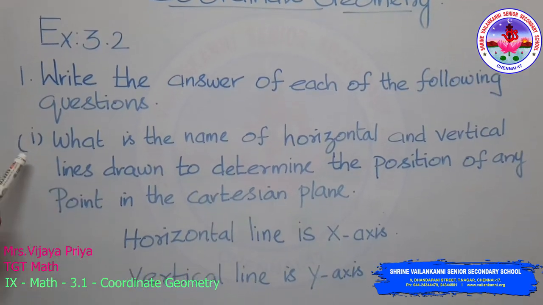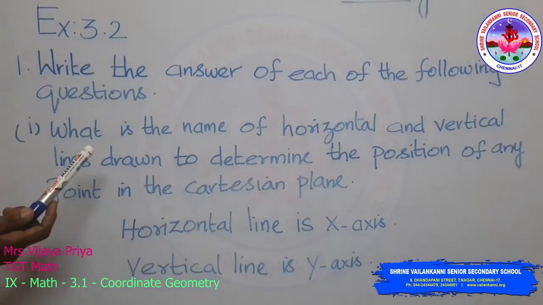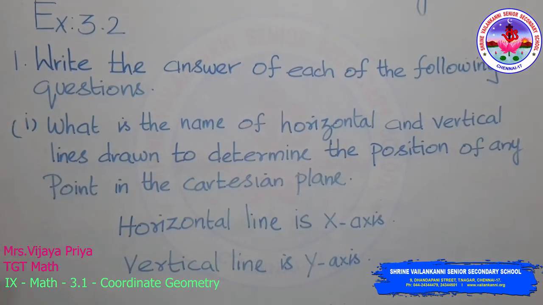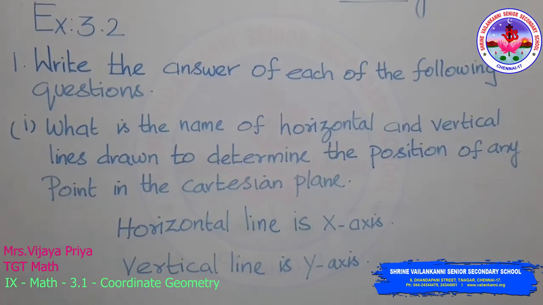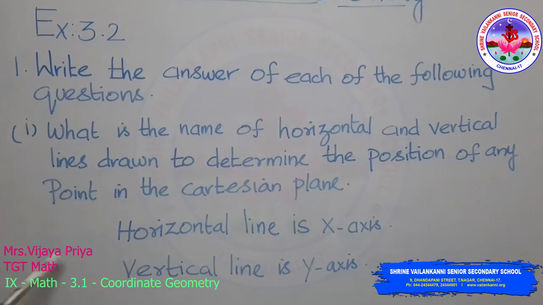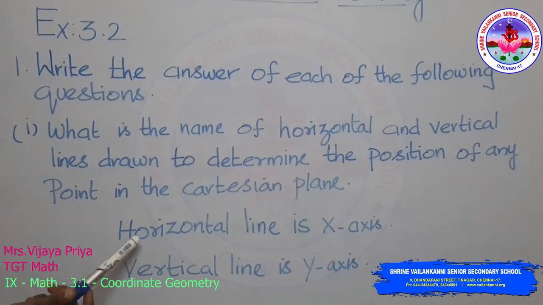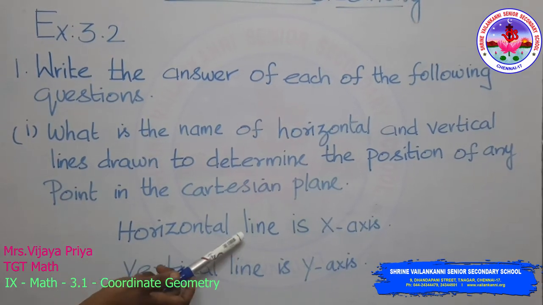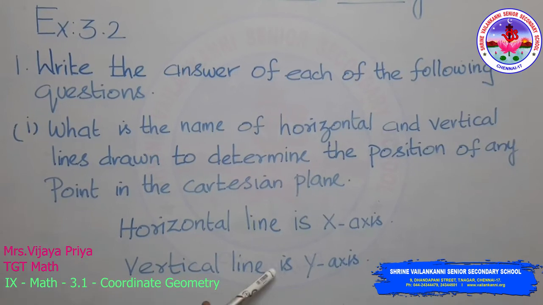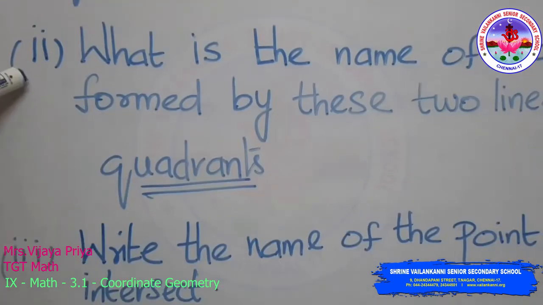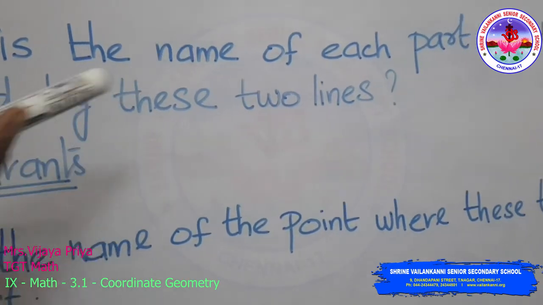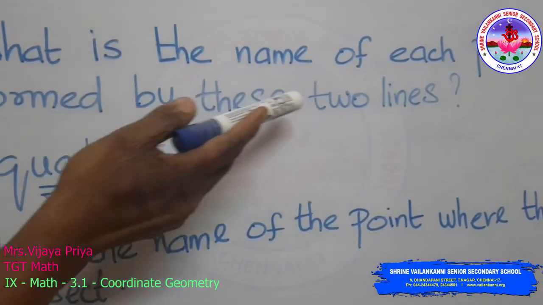The first problem: what is the name of the horizontal and vertical lines drawn to determine the position of any point in the Cartesian plane? The horizontal line we call the x-axis and the vertical line is the y-axis. Second subdivision: what is the name of each part of the plane formed by these two lines?